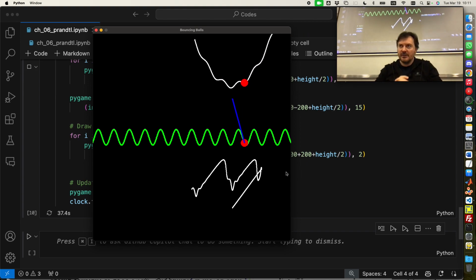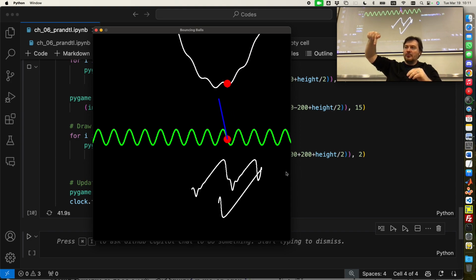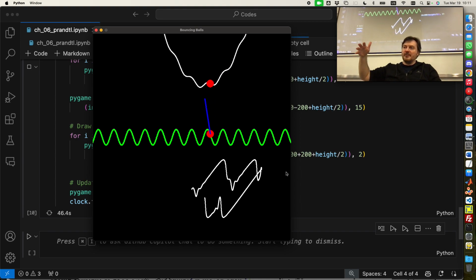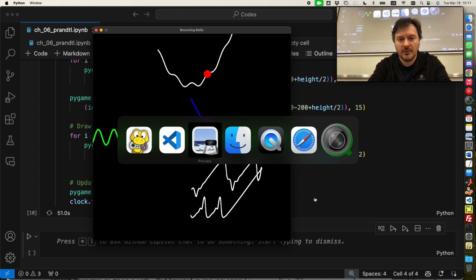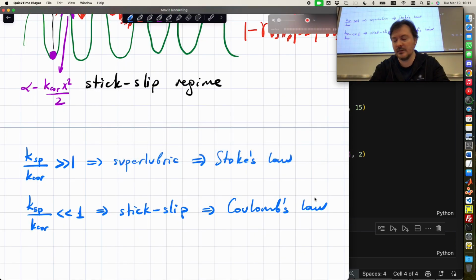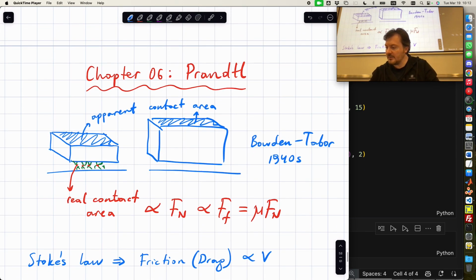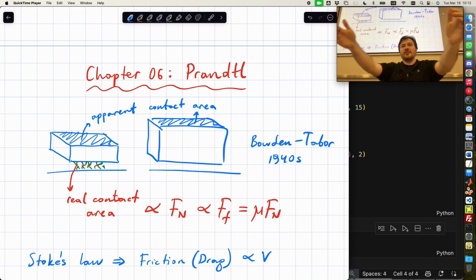So your question is this. To get into the stick-slip regime, we needed a huge pressure, right? But that huge pressure is already present in normal situations because of what I mentioned at the beginning of the lecture. It's because of apparent contact area and real contact area. Okay? We might be thinking that this 1 kilo block is sitting on 1 meter squared.